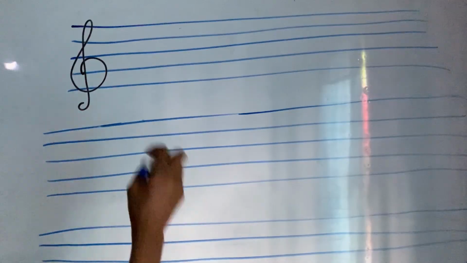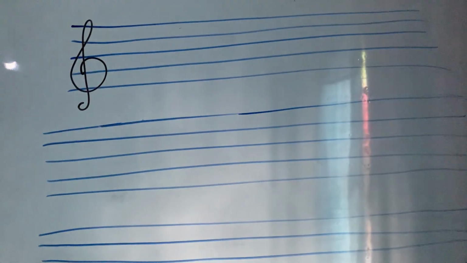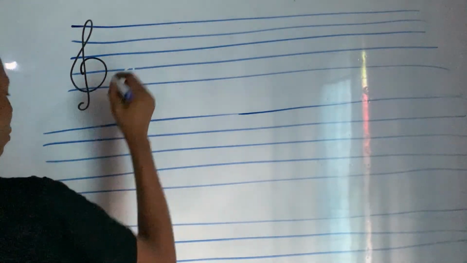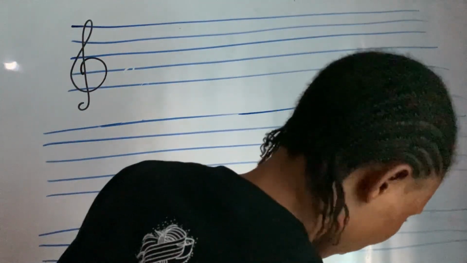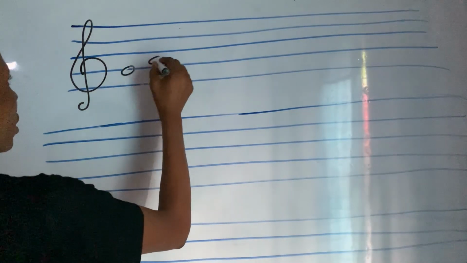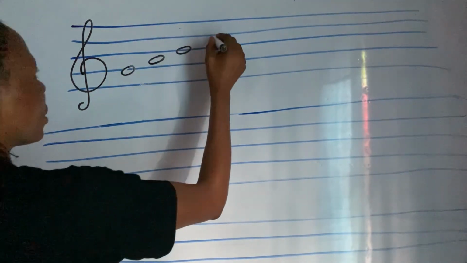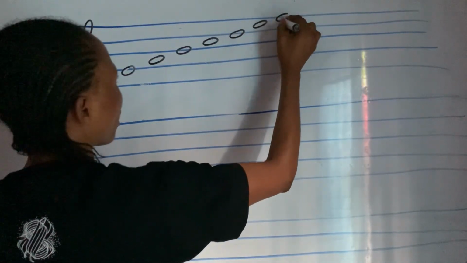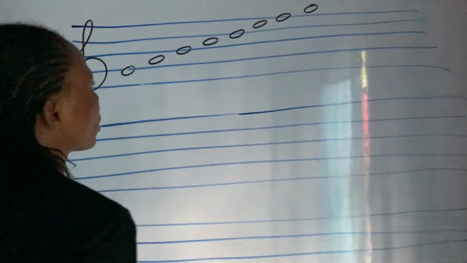And I'm going to write G major ascending 1 octave. G, we have G, A, B, C, D, E, F, and G.